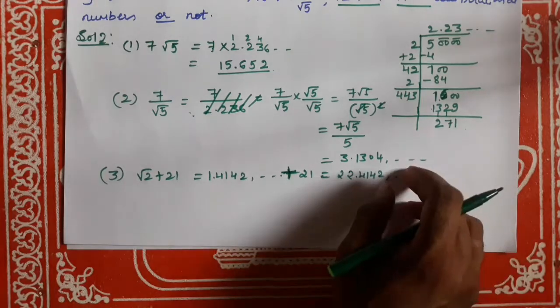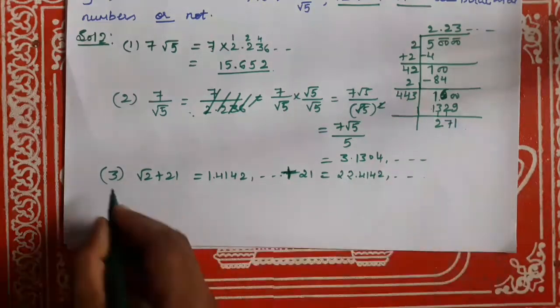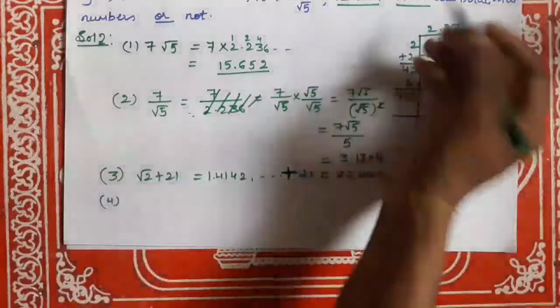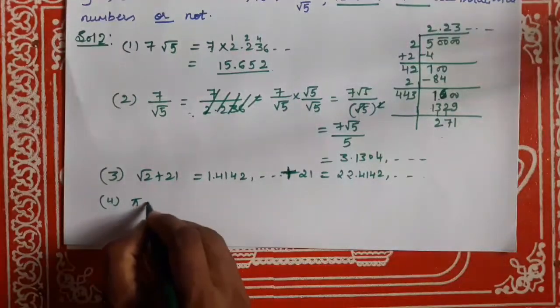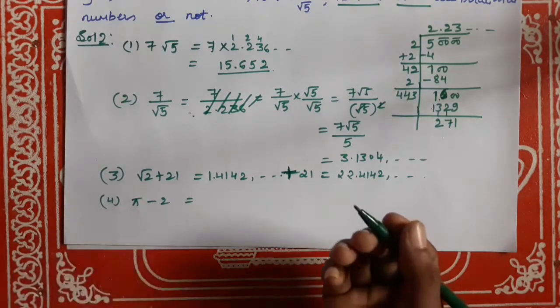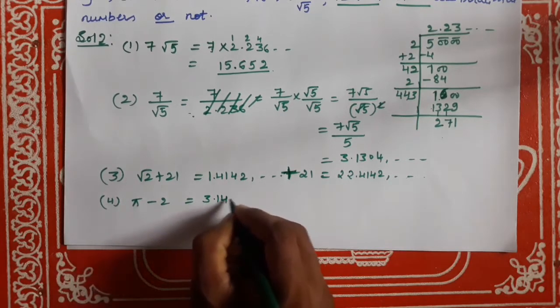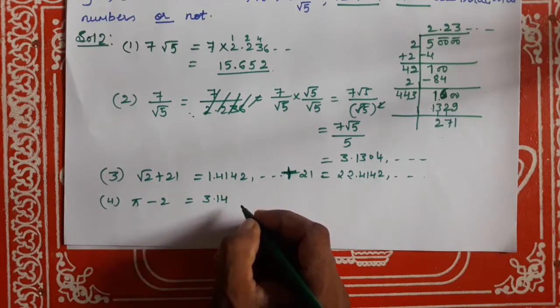Is it here also non-terminating, non-recurring decimals? And the fourth one, what has been given? Pi minus 2. What is the value of pi? Indian value is 22 by 7, which is equal to 3.142 like this.